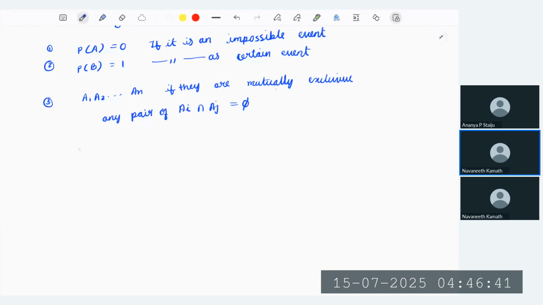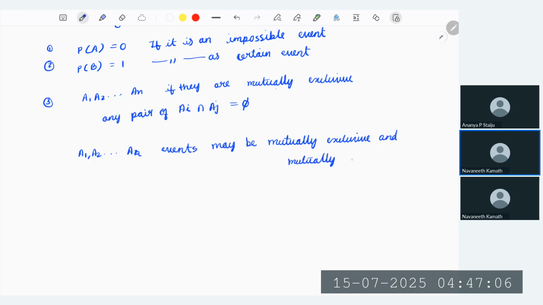And these n events may be mutually exclusive and mutually exhaustive. Mutually exclusive means there is nothing common between any pair of events.